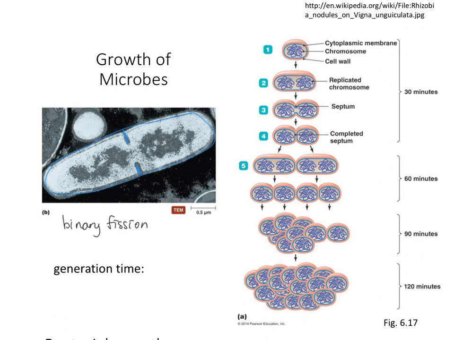Okay, it's asexual reproduction. All right, and we can describe the generation time as the time it takes for one bacteria, or we'll say bacterium, to become two. Okay, and we also refer to that as doubling time.